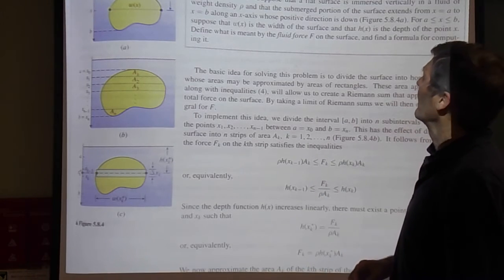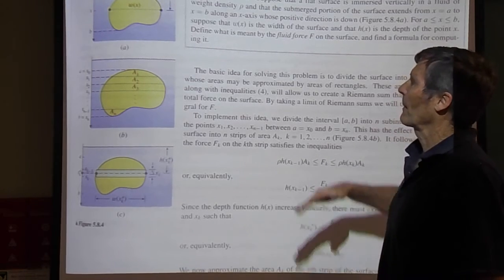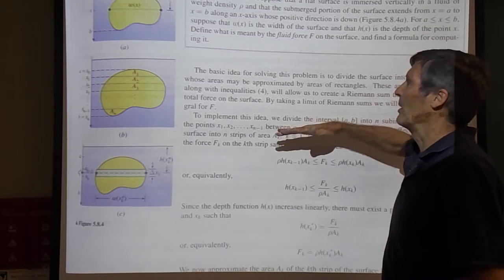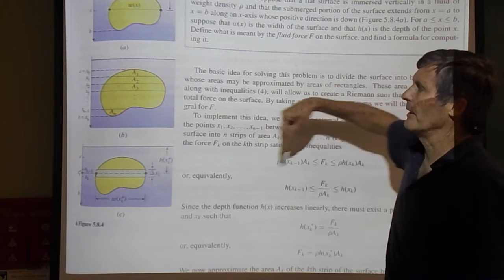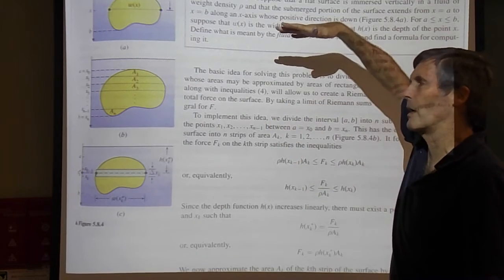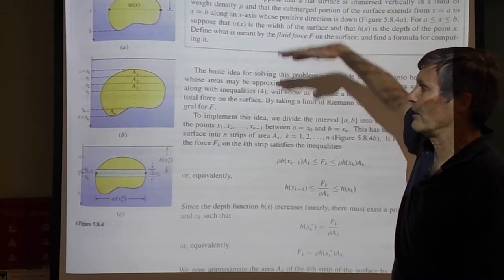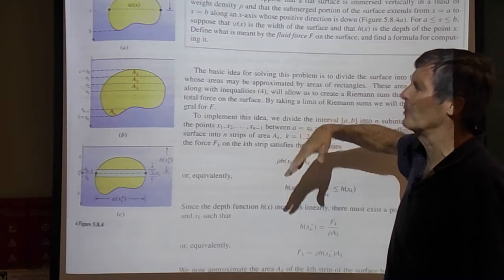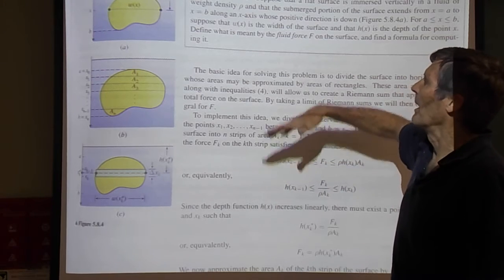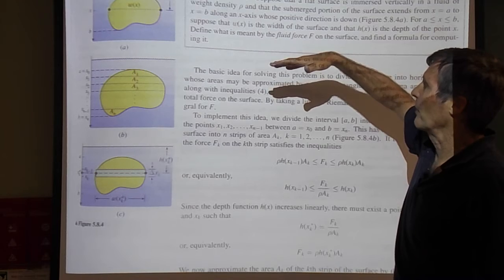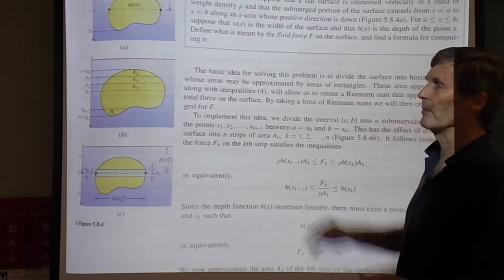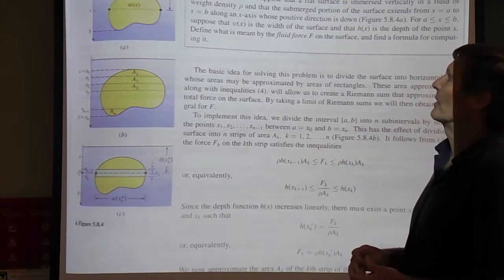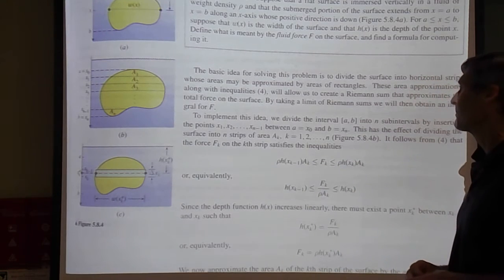So when you put a horizontal plate 10 feet down, and it's got 100 square feet of area, then there's 1,000 cubic feet of water above it, and you take those 1,000 cubic feet of water and multiply by 62.4 pounds per cubic foot, and you get the number of pounds of water, the force of the water pushing down on the plate.